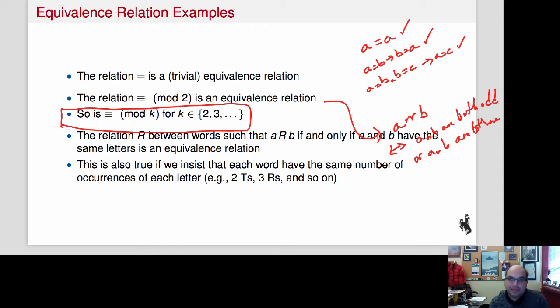Word 1 has the same letters as itself, reflexive. If word 1 has the same letters as word 2, and word 2 has the same letters as word 3, then sure, word 1 and word 3 have the same letters. You can even insist that they have the same quantity of each letter, exactly 2 A's and 3 B's and so on, and it's still an equivalence relation.